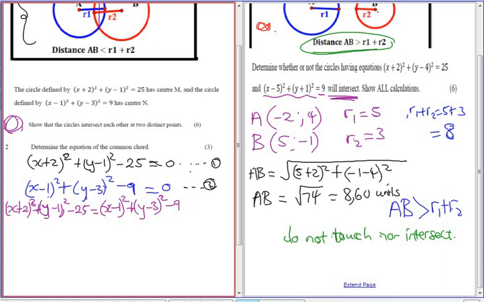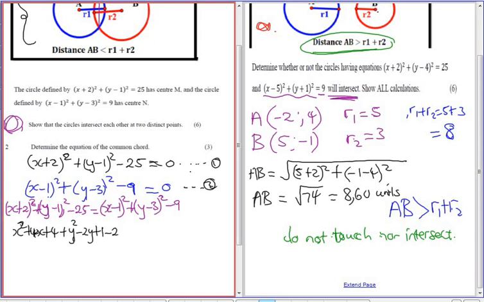So since I equated them, now I'm free to expand. As for expanding brackets that are squared, I think you find that very simple. So let's go ahead and do it. This one will be x squared plus 4x plus 4, right? Then the second one, y squared minus 2y plus 1.